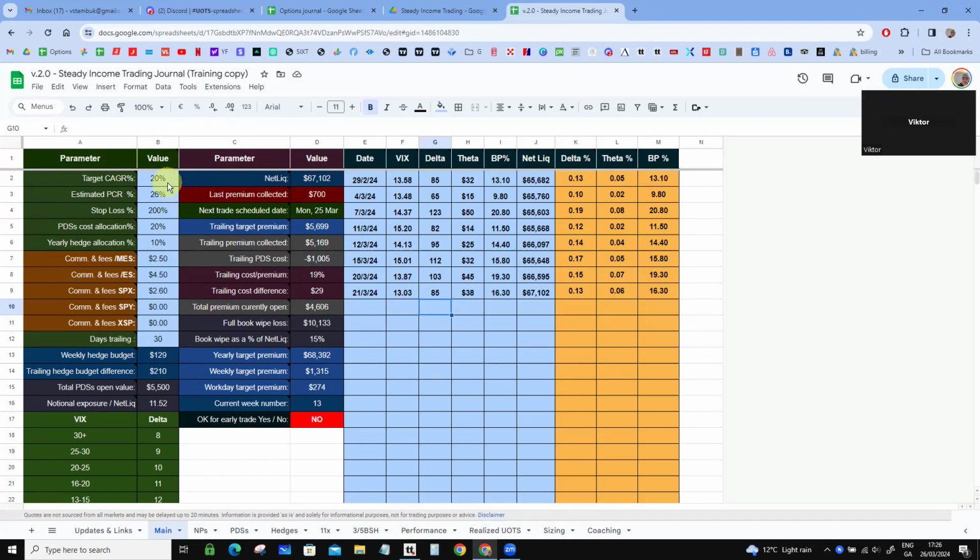But remember, this CAGR includes good times and bad times, and it should converge over time on 20%. What that means is that in good years, like this year so far, and maybe it'll continue like this, the market is steadily going up or sideways, but not going down, and we are not having any stop losses.